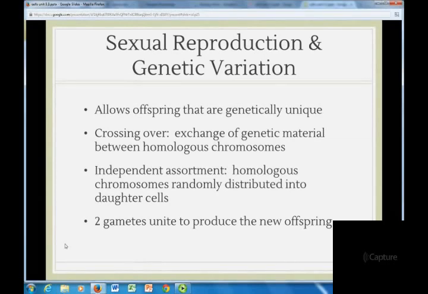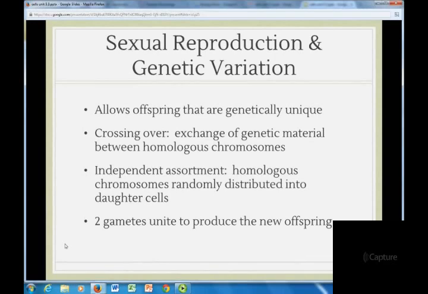With independent assortment, the homologous chromosomes are going to be randomly distributed into the daughter cells. So when there are two homologous chromosomes formed, say for example you have A and B, one daughter cell may get A from the first chromosome, A from the second chromosome, B from the third chromosome.